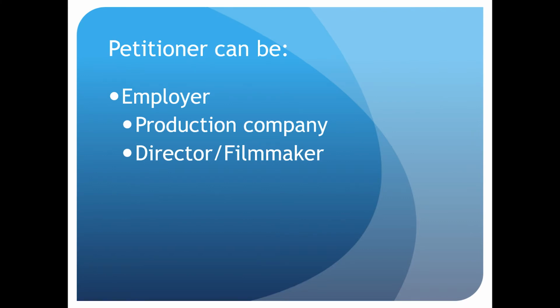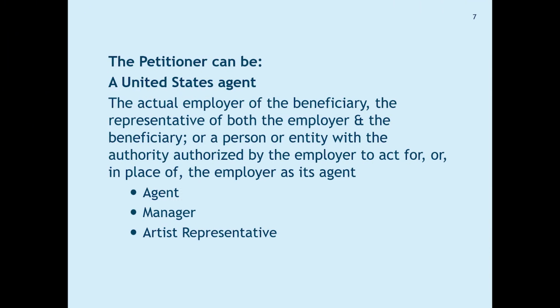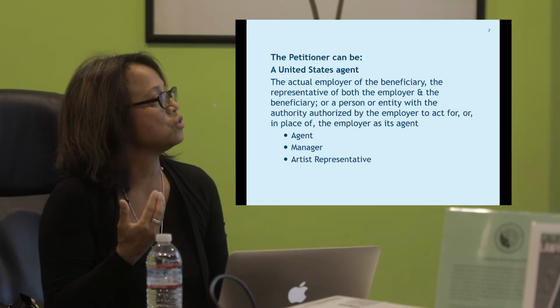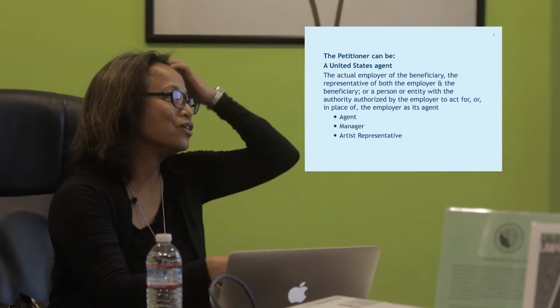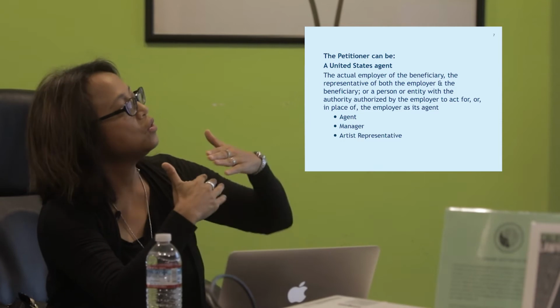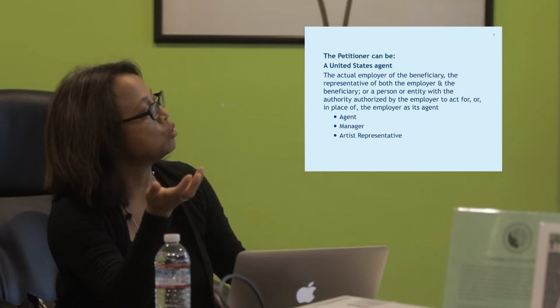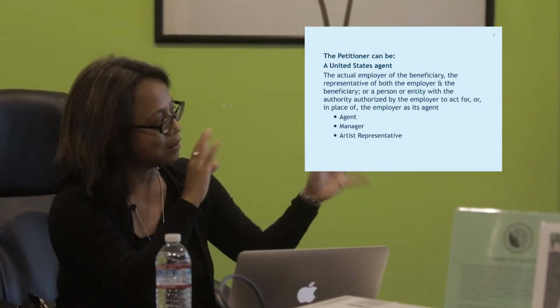For example, in the film and television context, it could be a production company, a director or filmmaker. Or an agent, or someone like a manager, could also be a petitioner. Or just someone who represents both the beneficiary and the employers, without necessarily having a license to be an agent or manager. I can get into that a little bit later.